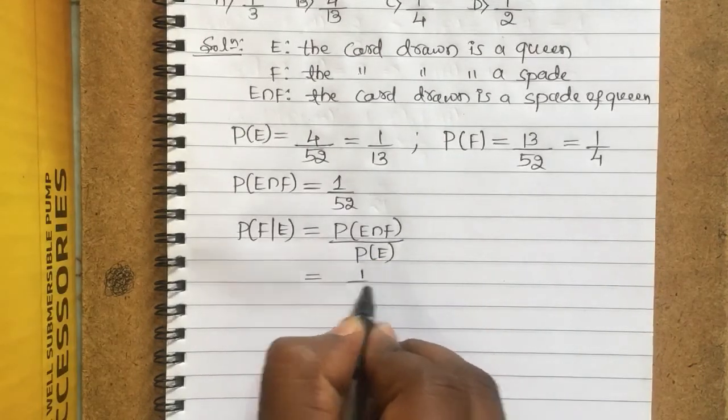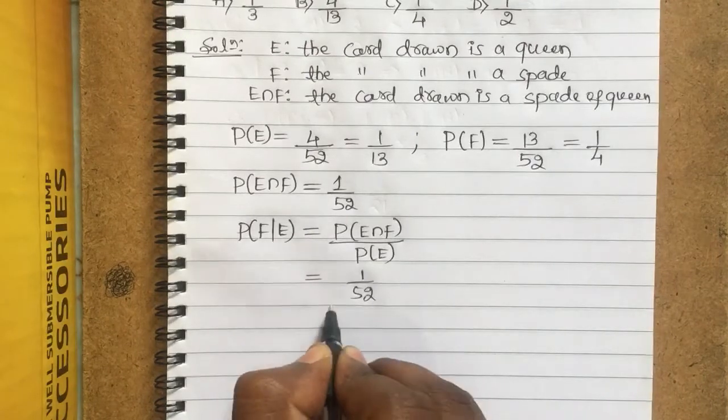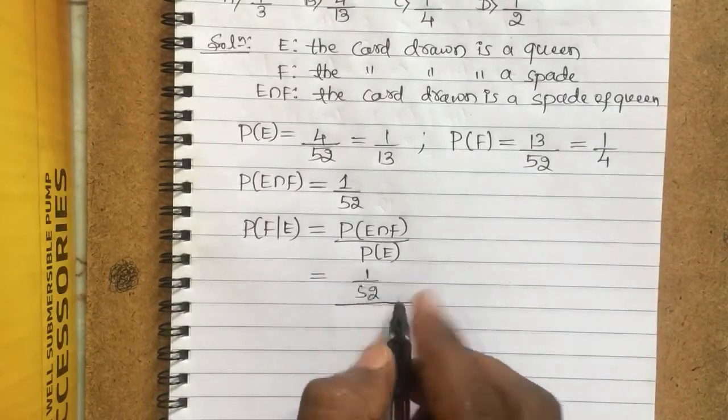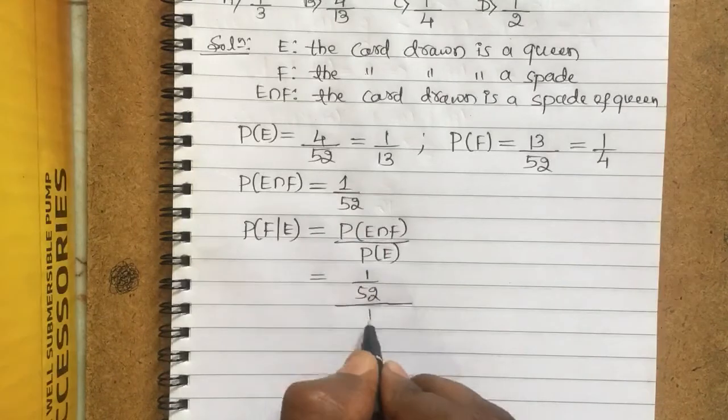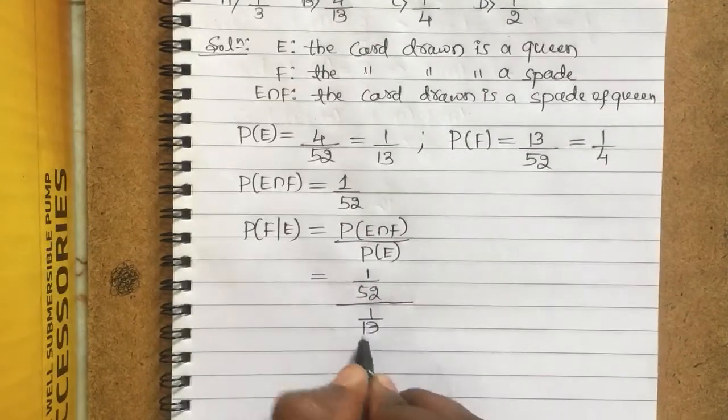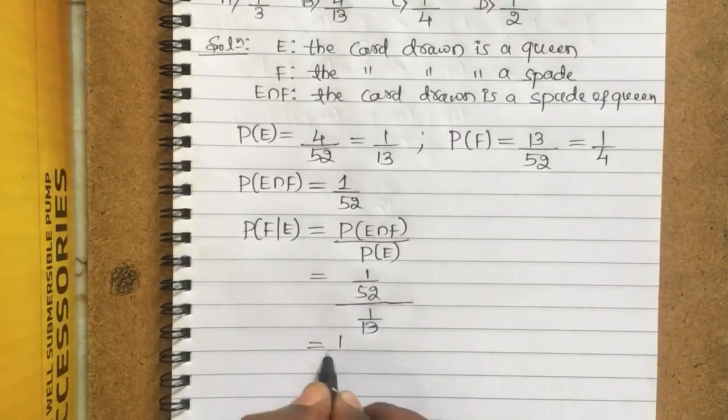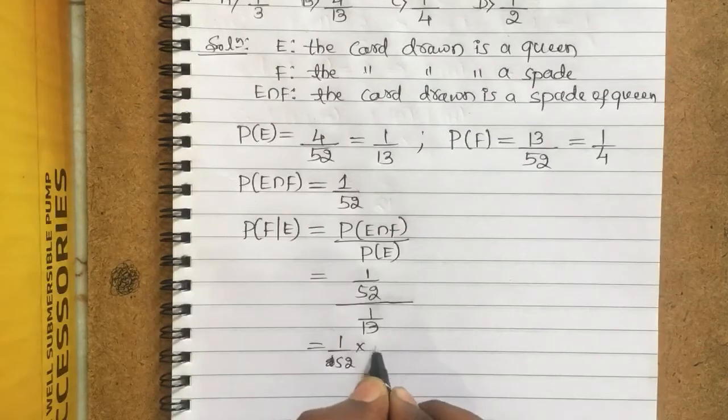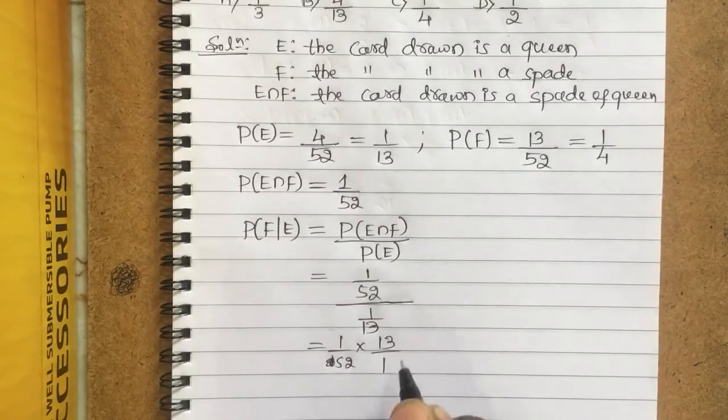P of E intersection F is 1 by 52, whole divided by P of E, which is 1 by 13. Now this can be written as 1 by 52 into 13 by 1.